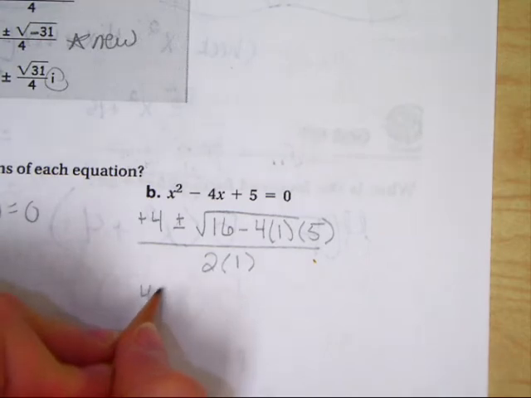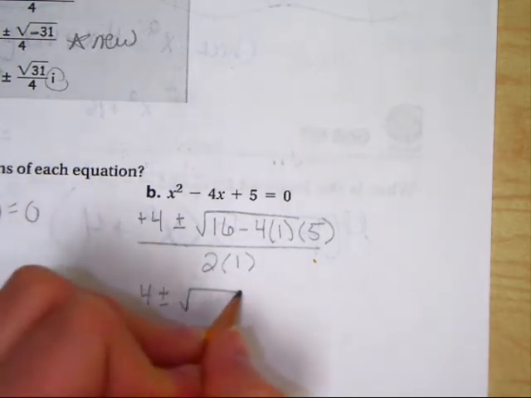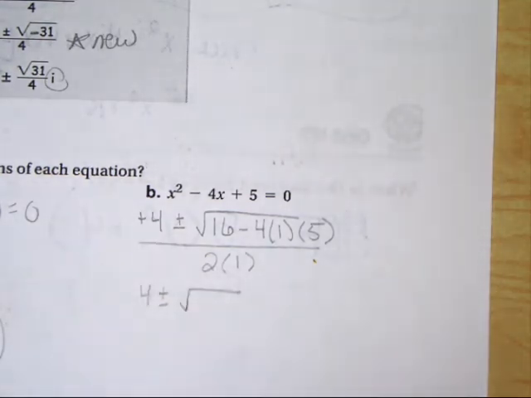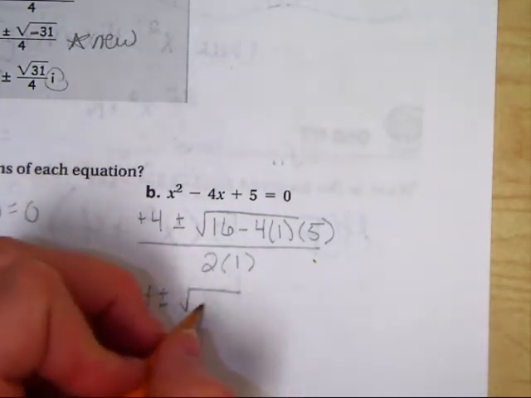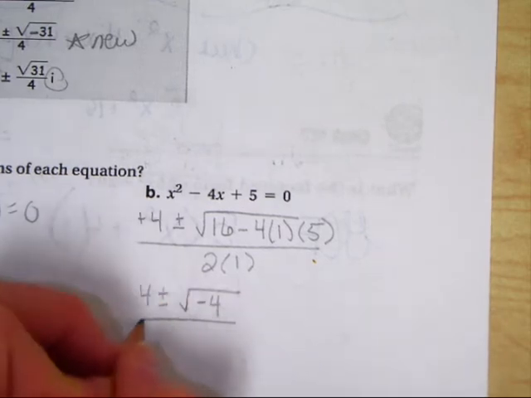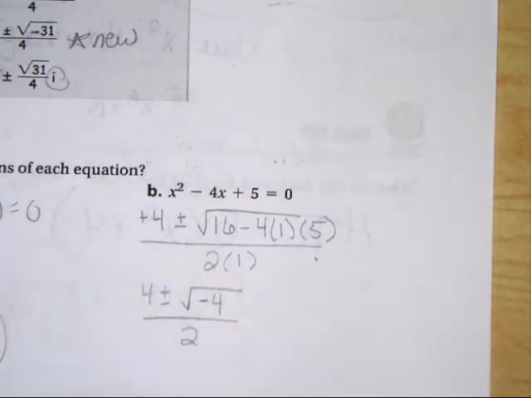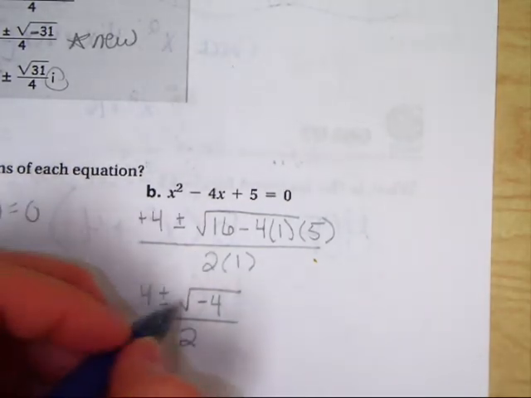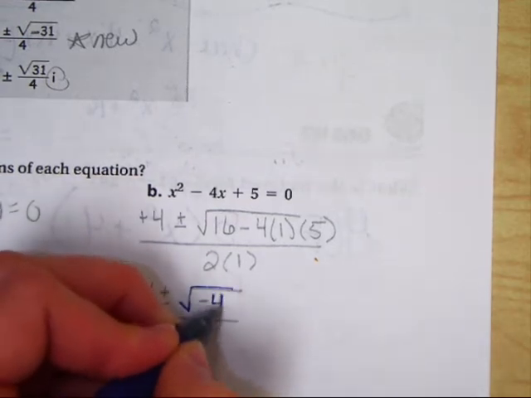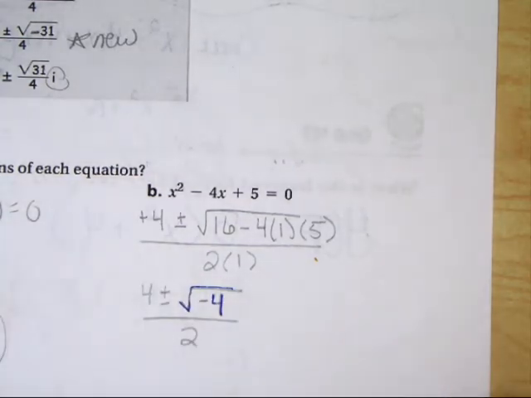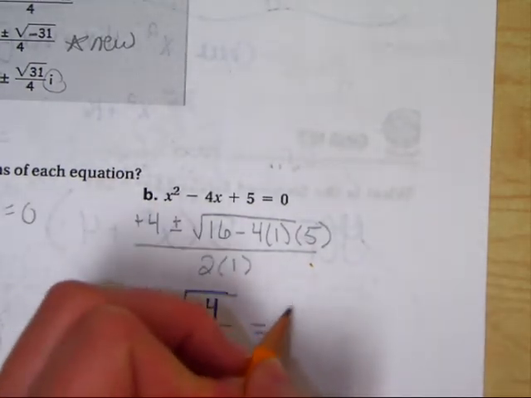Keep working. That's 4 plus or minus the square root of 16 minus 4 times 1 times 5, which is 16 minus 20, so that's a negative 4 inside, all over 2. I really hope that you guys know the square root of 4, right? Everybody knows the square root of 4 is 2. So let's keep going. But you knew that without me telling you.